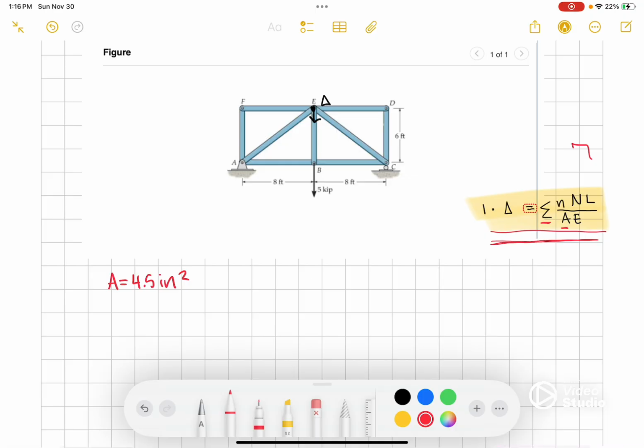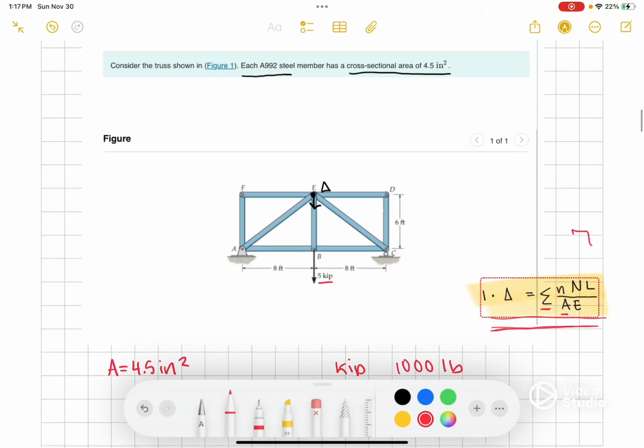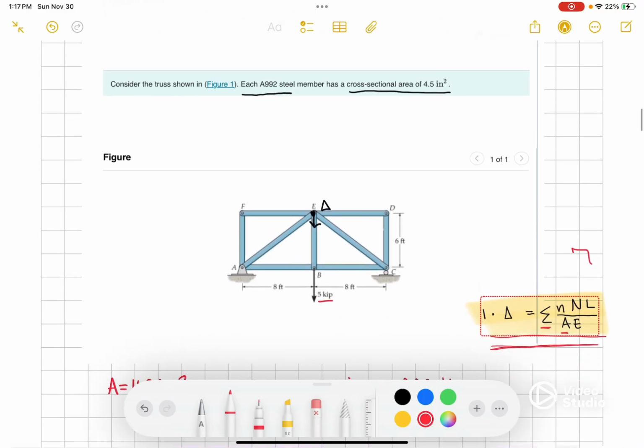And our loads are in kips, so kilopounds, so 1,000 pounds. And so let's go find our E in imperial units.